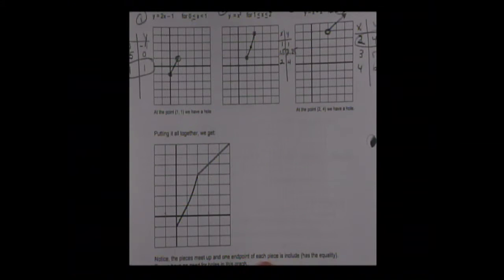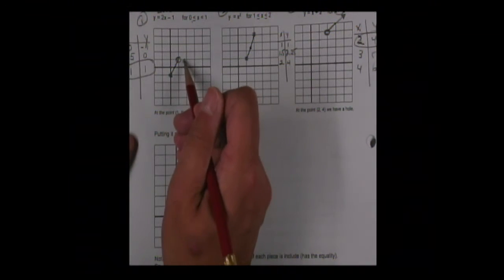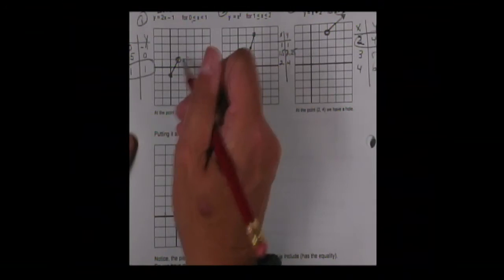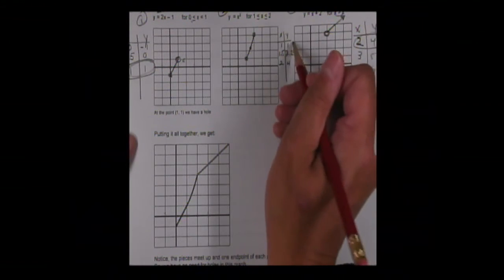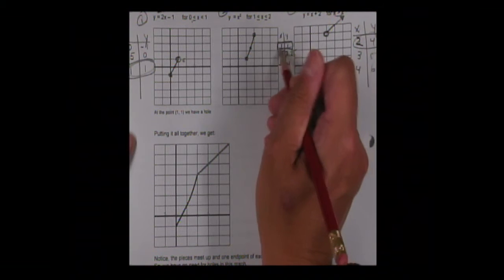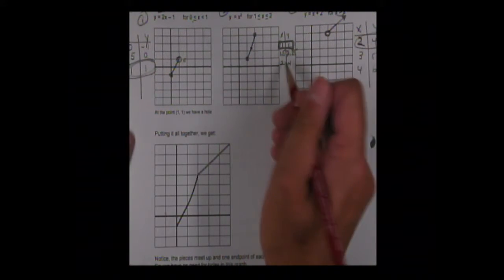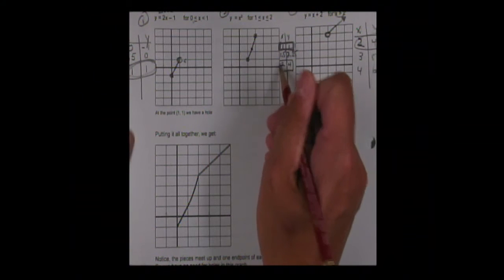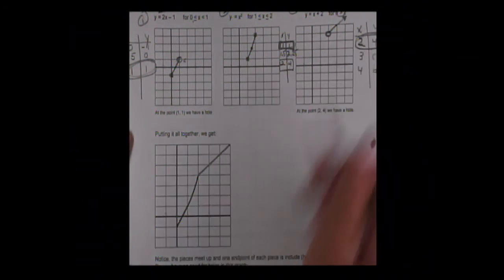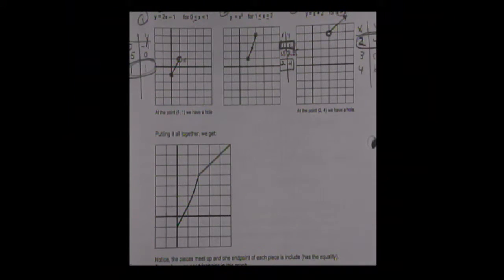And in this case, unlike the previous graph, you'll notice these pieces actually match up. They actually meet each other. So notice that this open circle is at 1, 1, and the closed circle is at 1, 1. Notice here I have a closed circle at 2, 4, and I have an open circle at 2, 4. Kind of like genetics, the closed circle dominates.